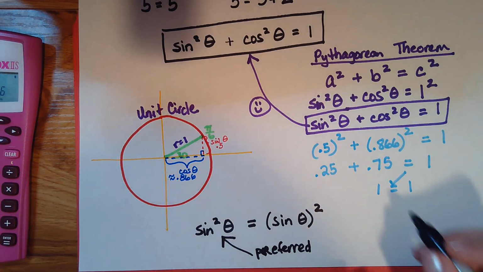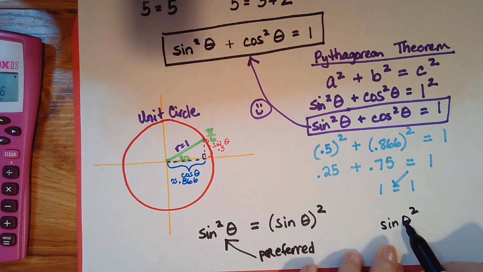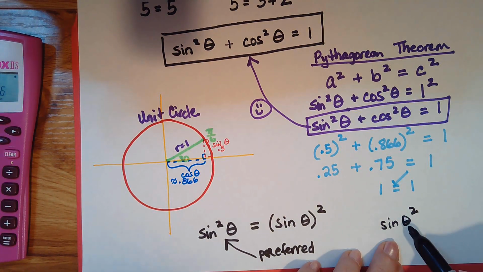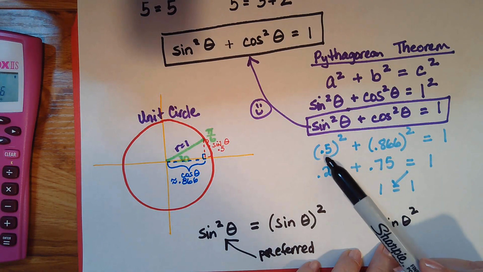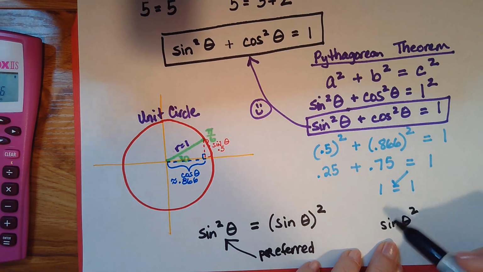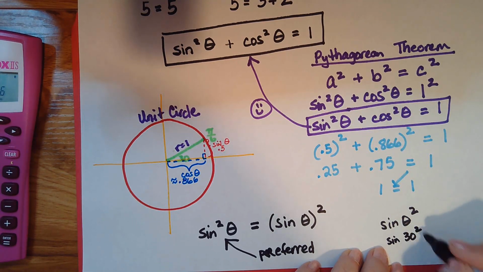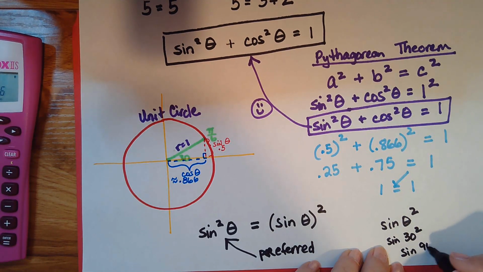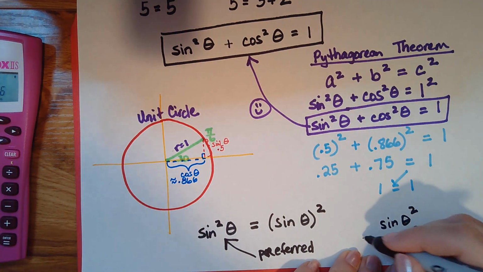You cannot say sine theta squared without the parentheses, however, because like in this case, instead of being 0.5 times 0.5, it would be sine of 30 squared, which is the sine of 900, which if you stick that in your calculator is 0. And that is not what we want.